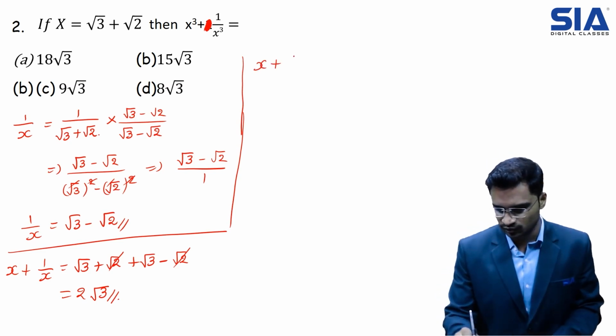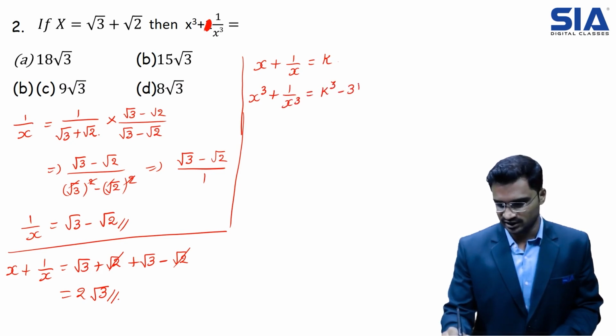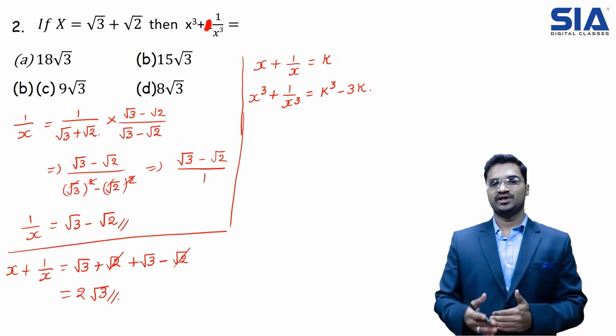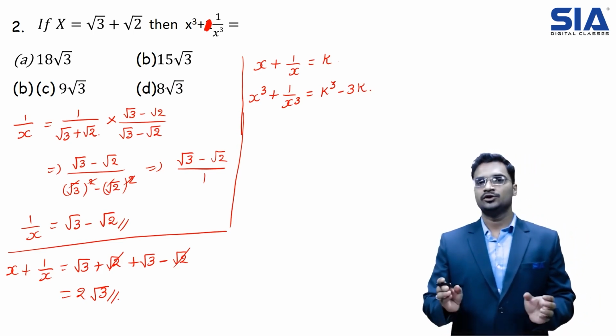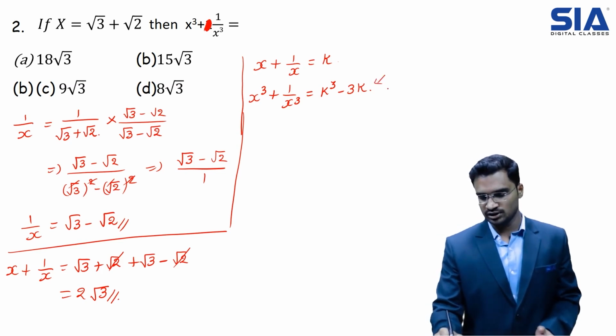If x plus 1 by x is some k value, then x cube plus 1 by x cube is k cube minus 3k. What I have done here is simply cubed on both sides and come to a conclusion like this.